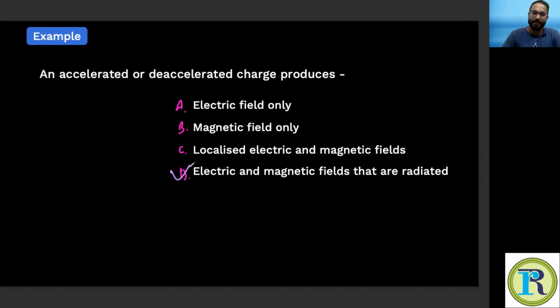These are very fundamental questions. Clear? Now let's move forward.